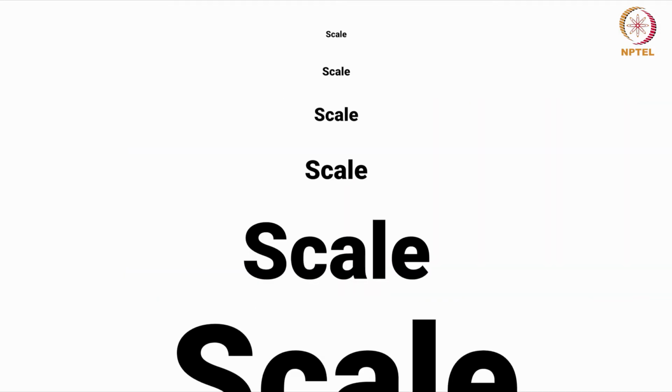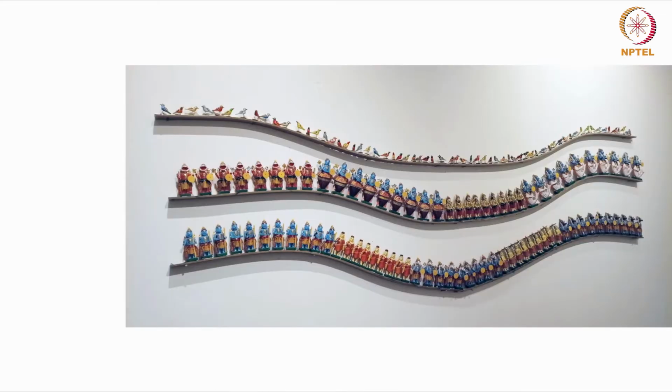If you look at scale, which means the size of the elements, it also plays a significant role in defining a line and a shape. With a smaller size and more surrounding, a stroke may appear as a line.